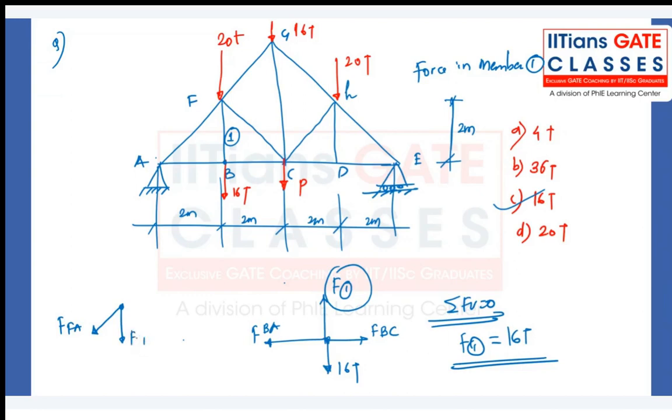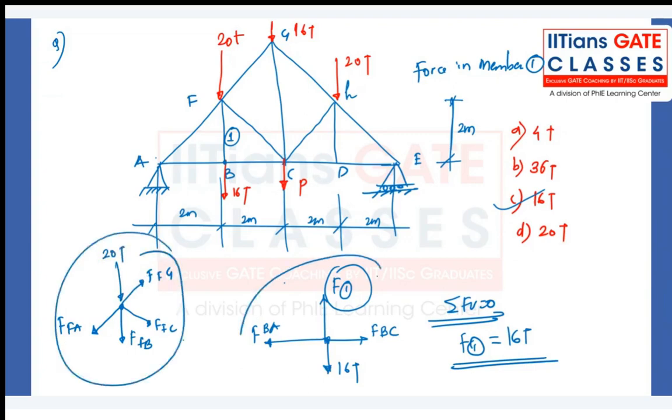Then we have FFC, and then FFG, and then we have 20 ton. Which joint is simpler, Dharmesh? That's how you have to choose. You have to make a decision.